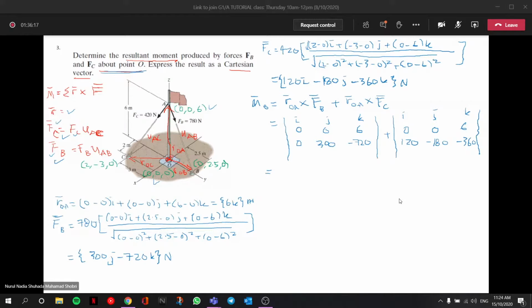Can you tell me the value? This is the final answer. What's the final value of the resultant moment? This and this are the values of R vector A you get here, this is vector FB you get here, and this is vector FC you get here. From this you can solve it and get the final answer.